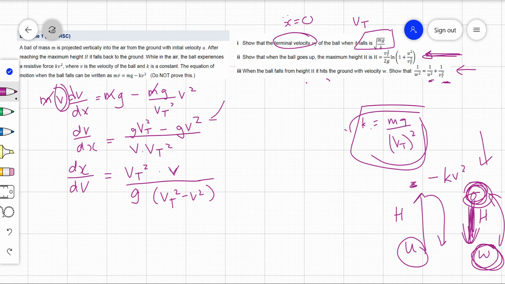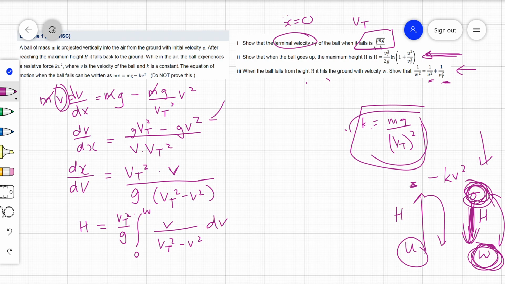So then if I do integrate, I'm going to be left with x, which I'm going to call my h on this side, and I'm integrating here, and I've got a constant which is vt squared on g, and I'm integrating between 0 and w for my velocities, and I've got v on vt squared, which is a constant, minus v squared dv.